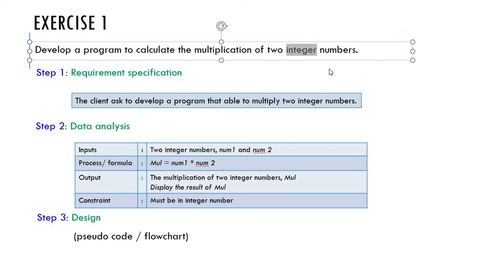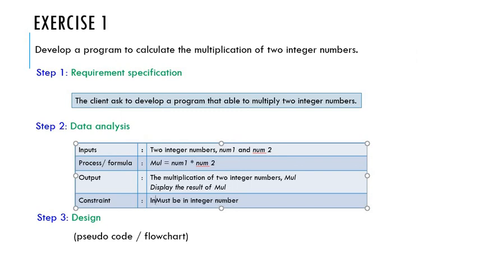So the constraint is your input must be in integer number. The third step is design, whereby you need to develop or to draft your program through either pseudocode or flowchart.